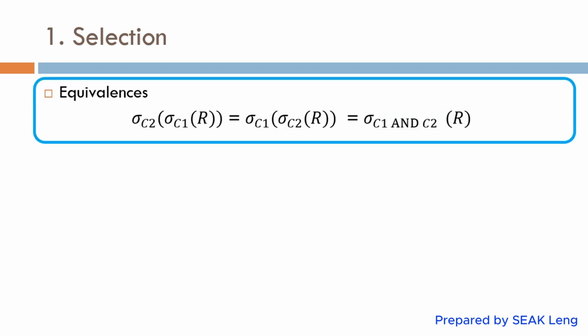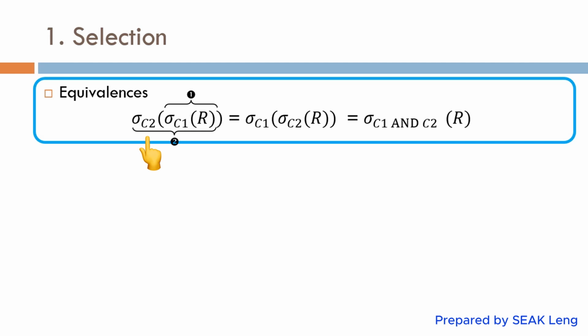Equivalence. There are different ways of writing a relational algebra expression using the selection operator. The three expressions here are equivalent. They result in the same output. In the first expression, we look at the select condition C1 first, and the tuples that satisfy C1 will be checked with the condition C2.